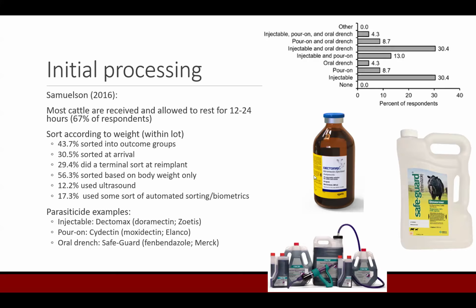My best guess is that most people are using Dectomax as their injectable, and then Safeguard as their oral. Okay, and then this Cydectin is an example of the pour on. Okay, and then 30% are giving just an injectable. Okay. Yes.